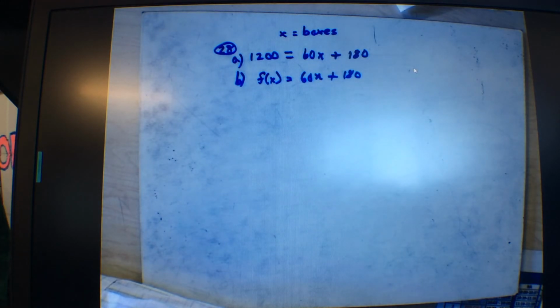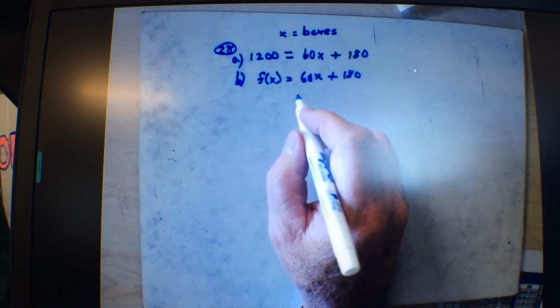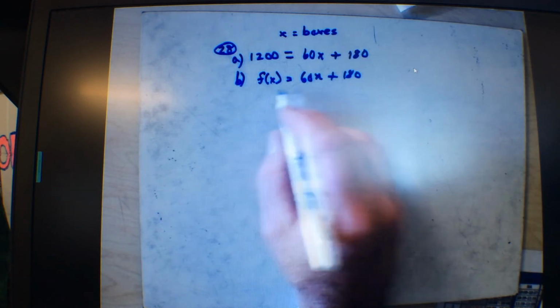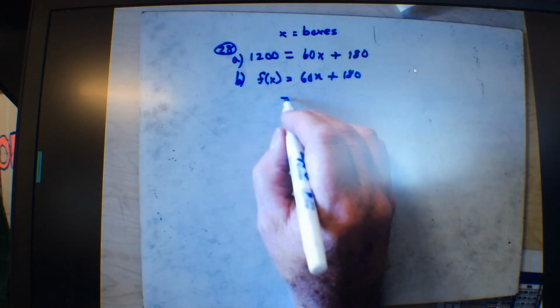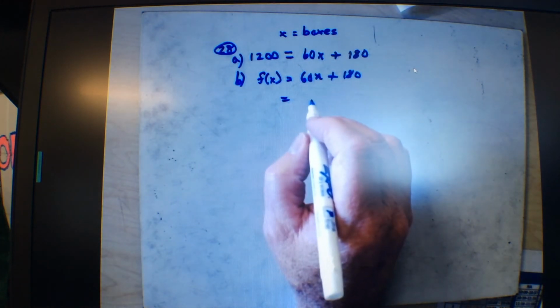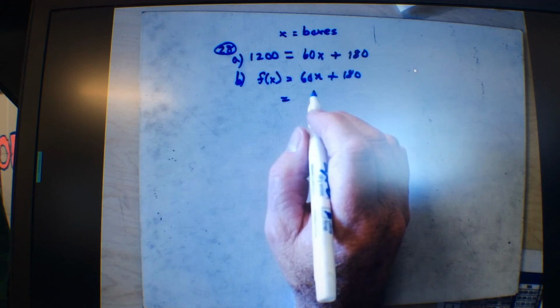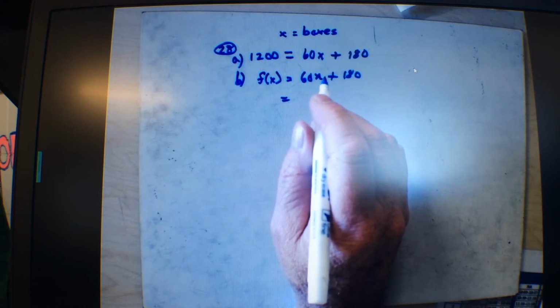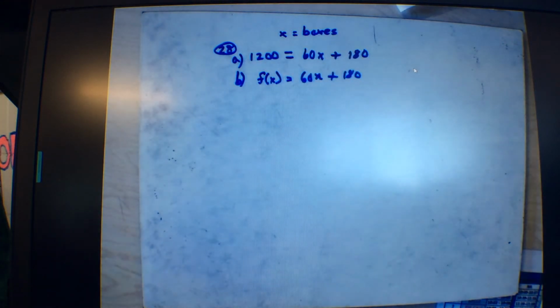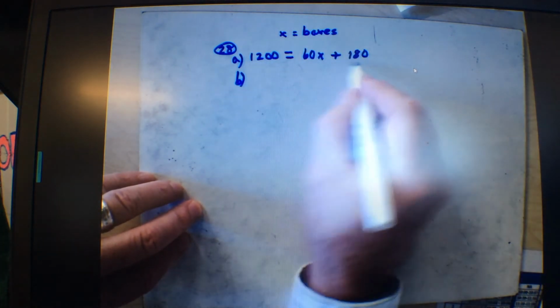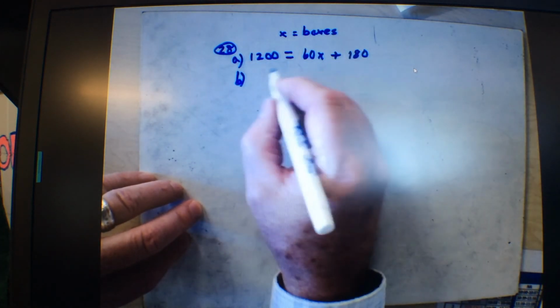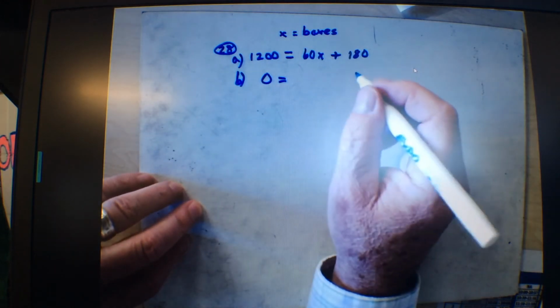Oh, wait a minute. We can simplify this on B, can't we? Divide everything by 60. Yeah, we need to divide everything by 60. That'd still be 50. Oh, never mind. I said that wrong. My bad. We're going to take this and we're going to subtract 1,200 from both sides. That's how they want it, I think.